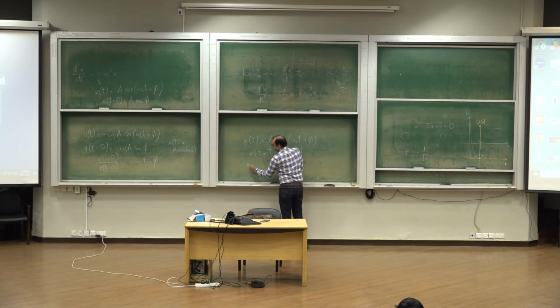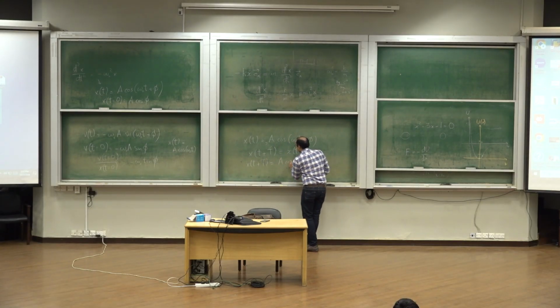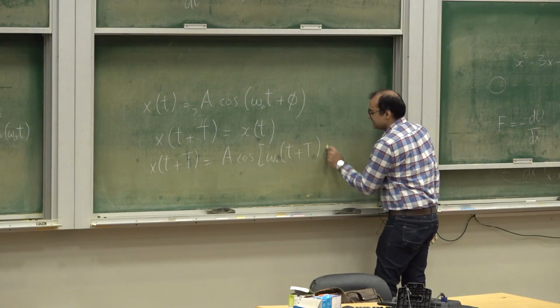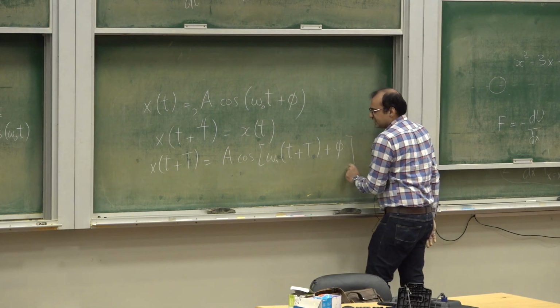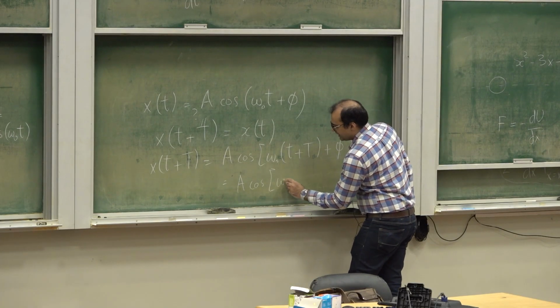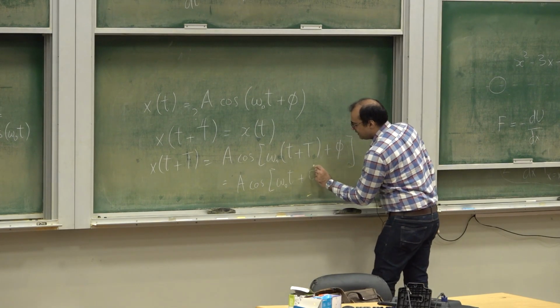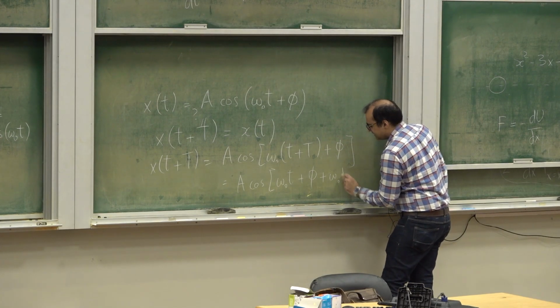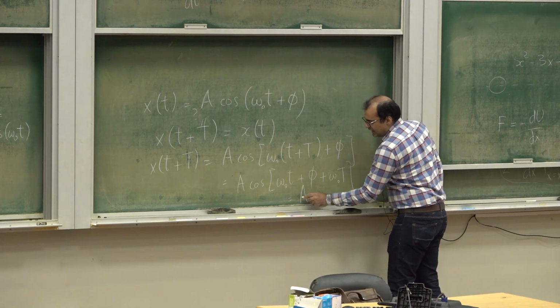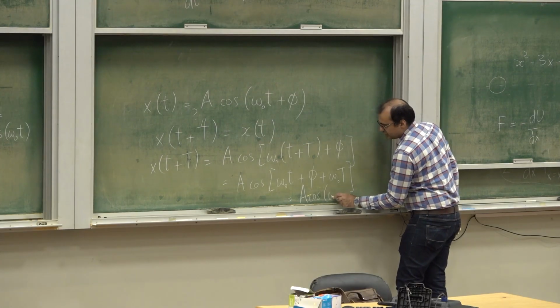फिर आप देखो left hand side में कर लो manipulation. This is equal to a cosine of omega naught times t plus capital T plus phi, which I can write as a times cosine of omega naught t plus phi plus omega naught times capital T. Now this has to be equal to a cosine of omega naught t plus phi.